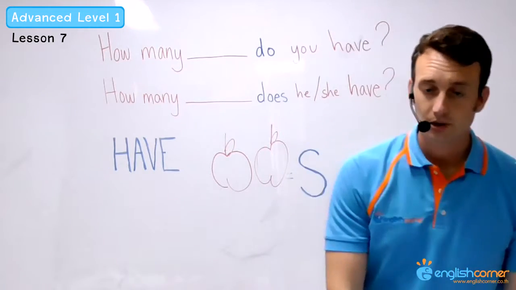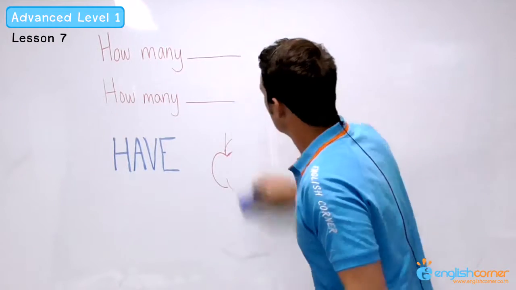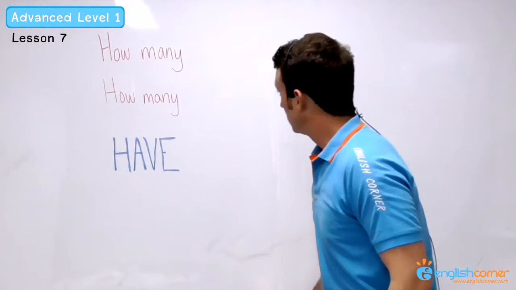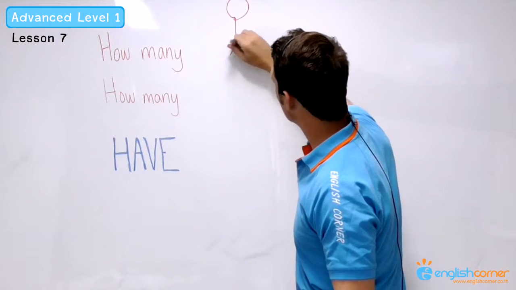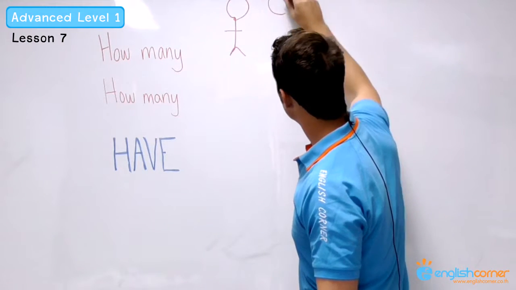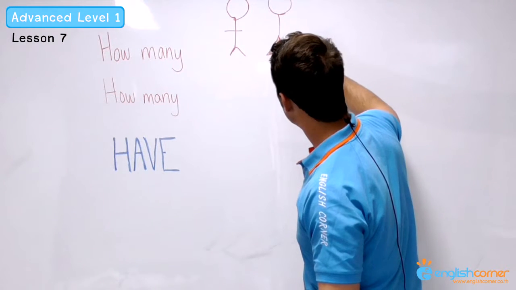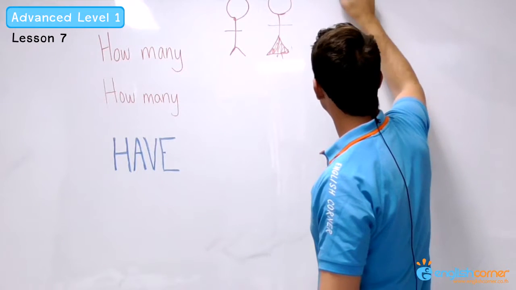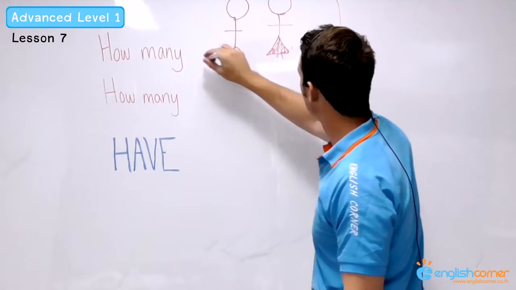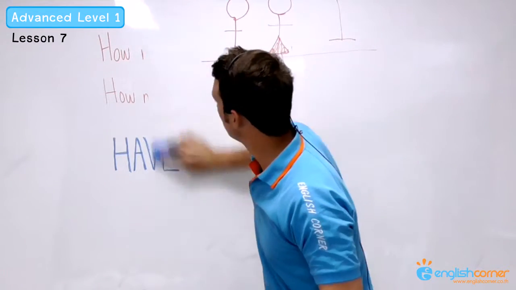Okay, so if we look on the board, so we have he, we have she, and we have I. Okay, go ahead and erase this as well.